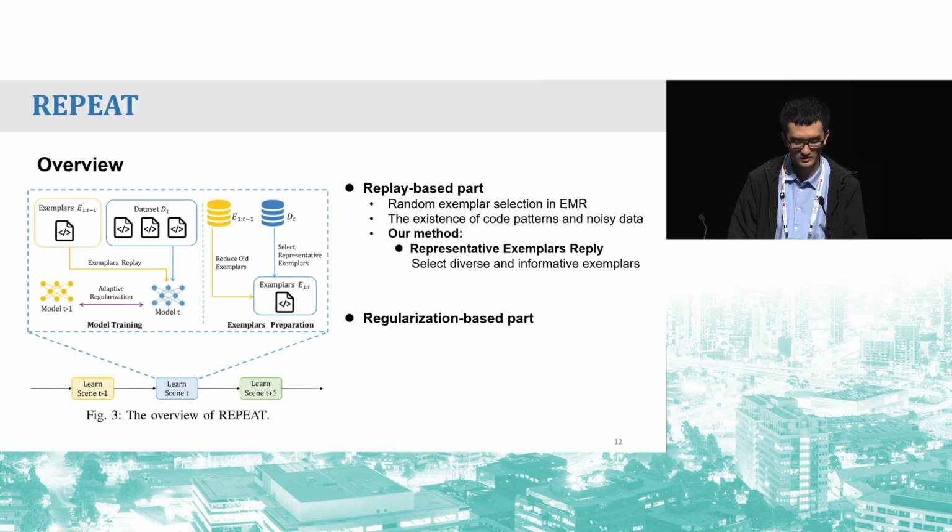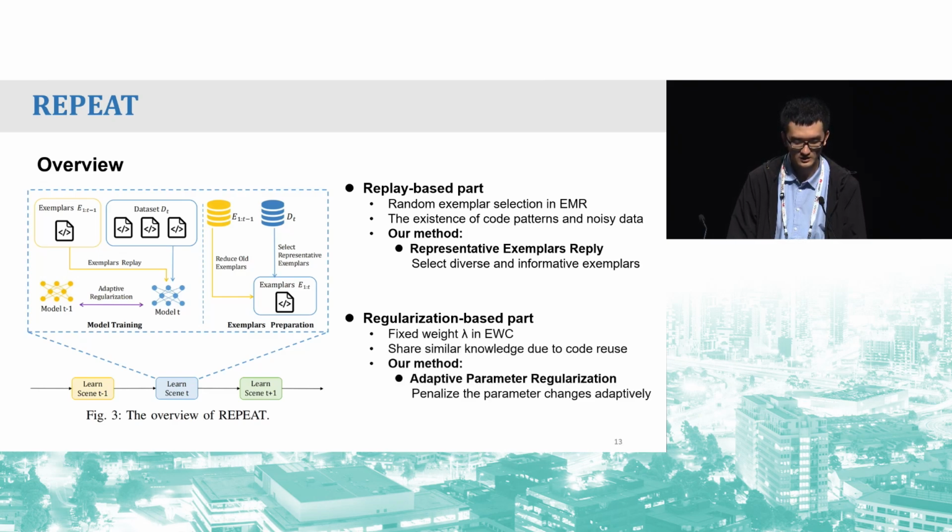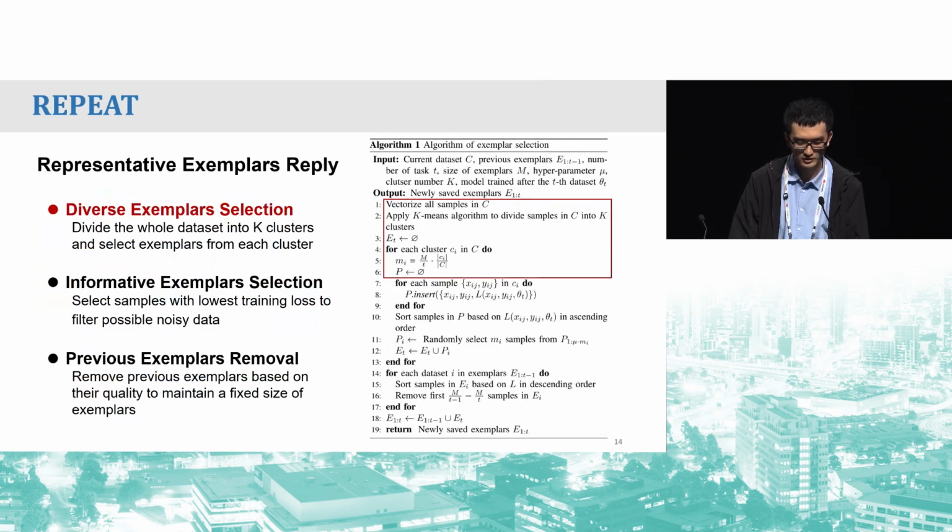And in the regularization-based part, considering the popularity of code reuse, we propose to change the fixed weight lambda in EWC into an adaptive term based on the similarity of different datasets. And then I will introduce these two parts in detail.